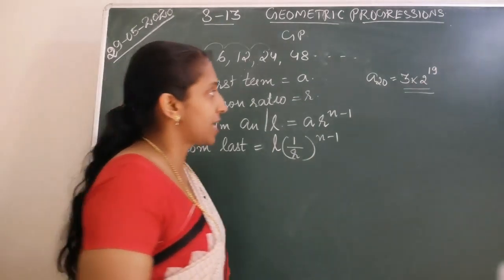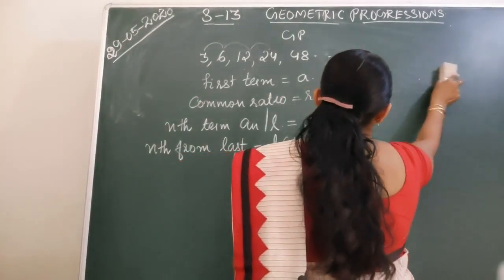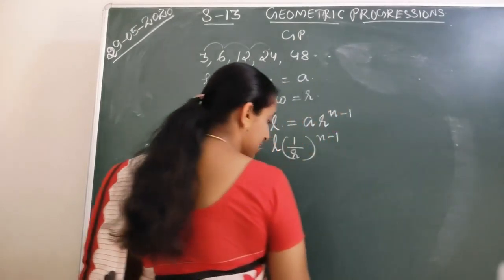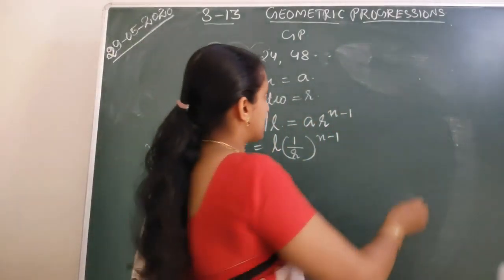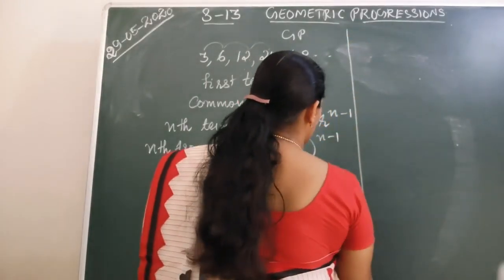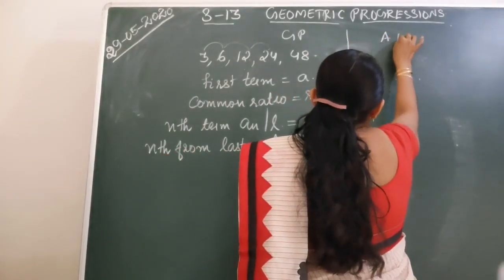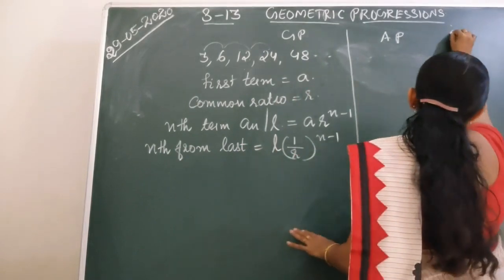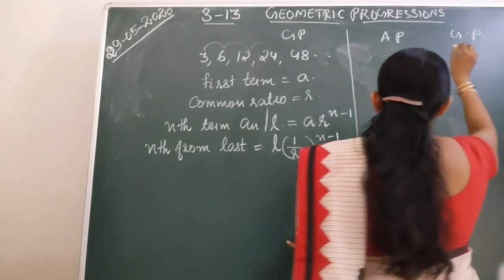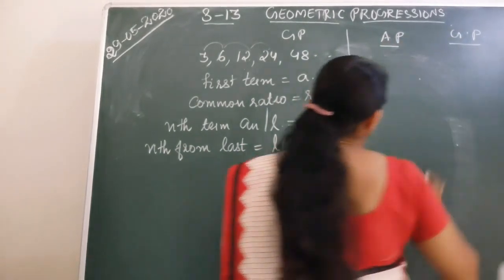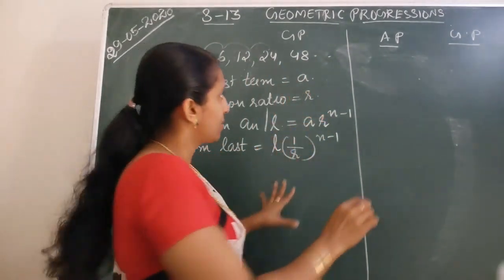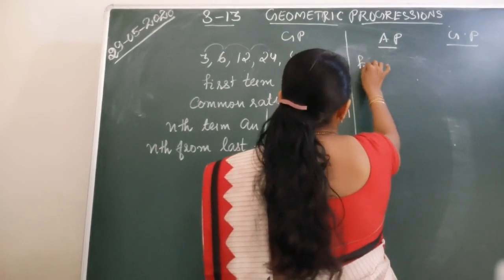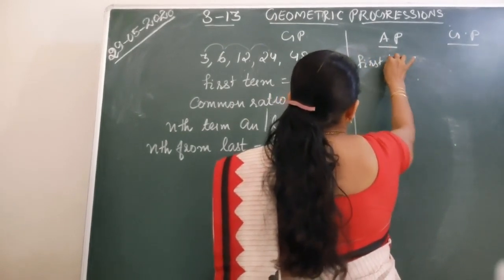Don't be confused with AP and GP. I am going to write both here, because here also we are having the sum of n terms of the series. So if we are dealing with AP and GP, the first term is A in both cases.